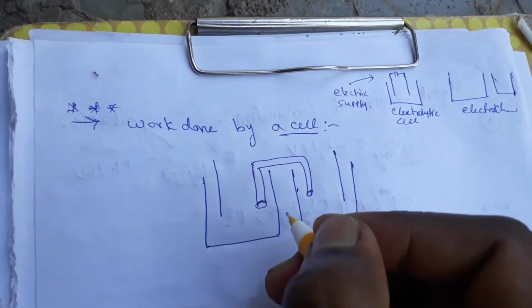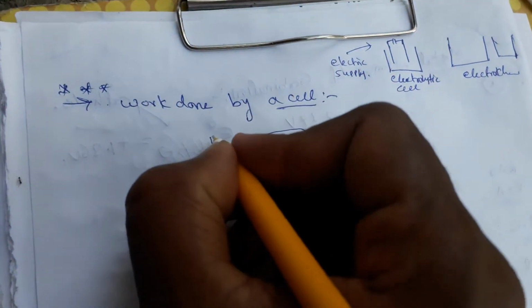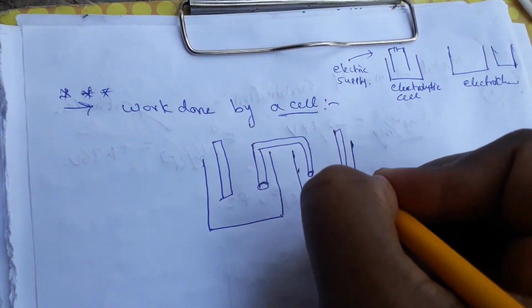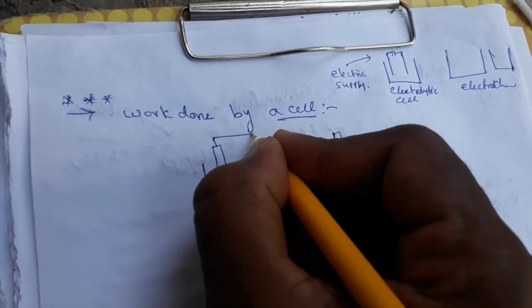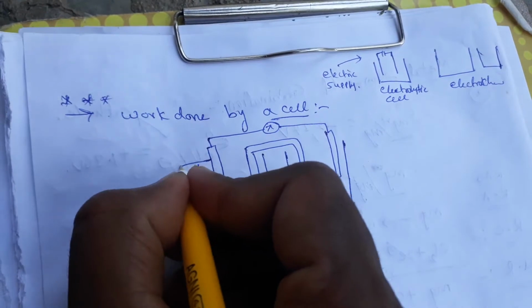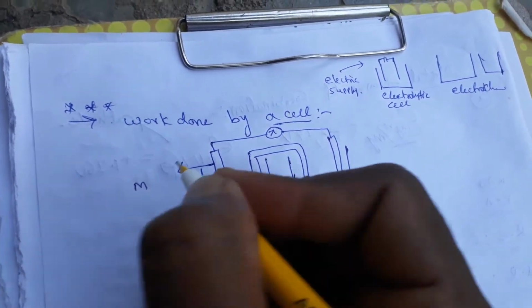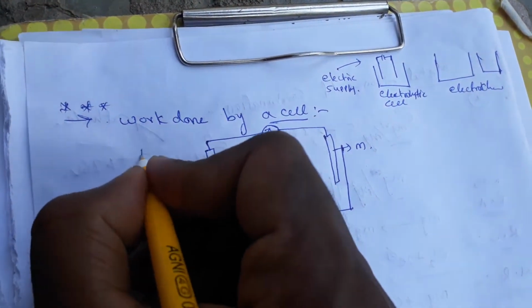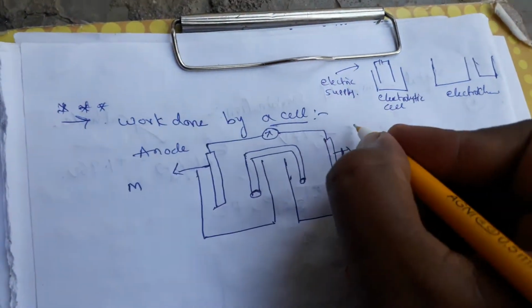It is bridging the two beakers, and here you took some electrode, and here is some electrode rod, and you just connected one voltmeter to this. Obviously here is the metal or non-metal, whatever you take. Here also metal or non-metal you take.